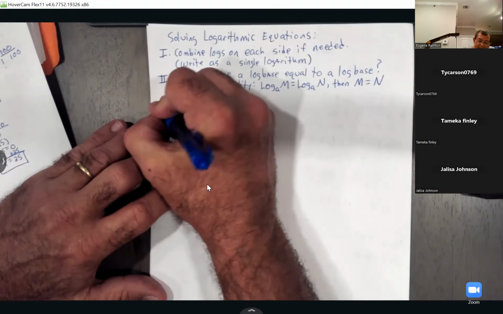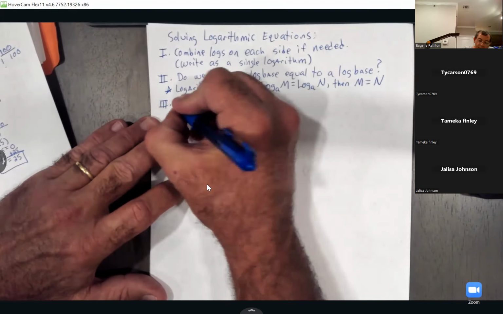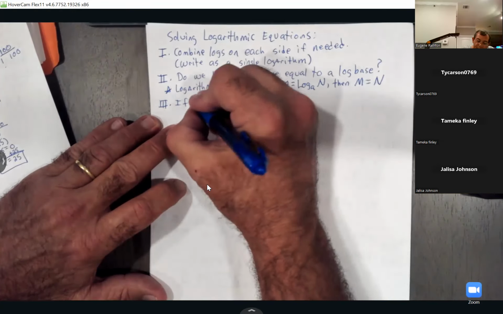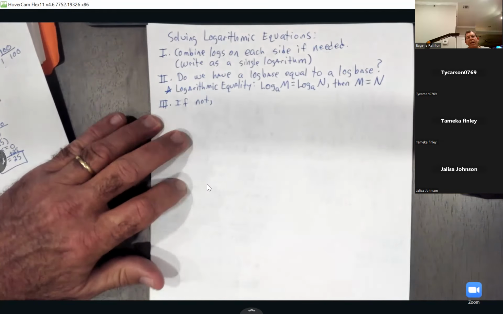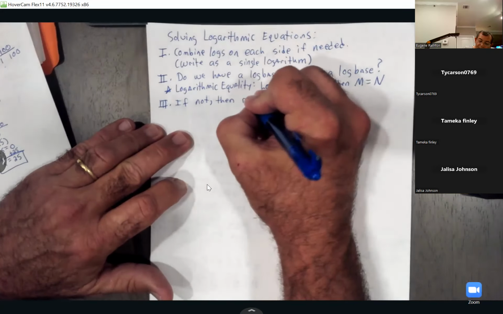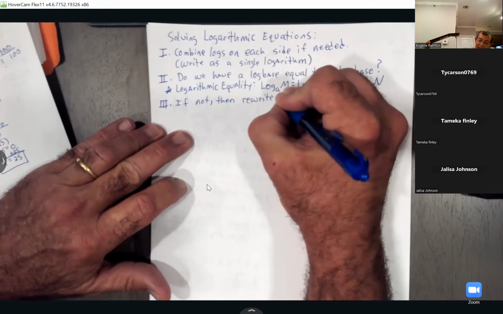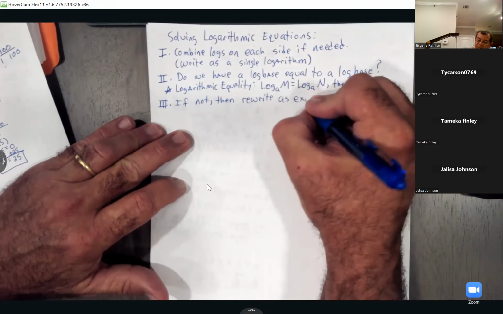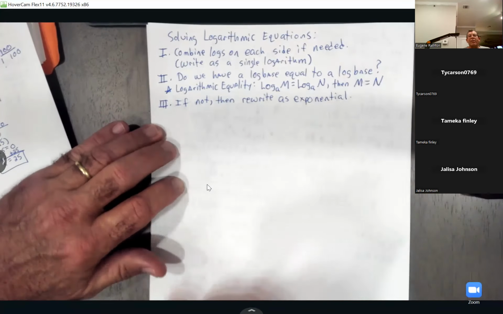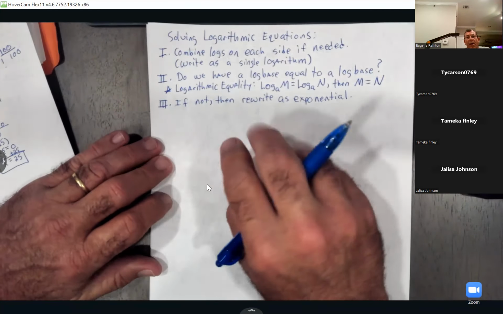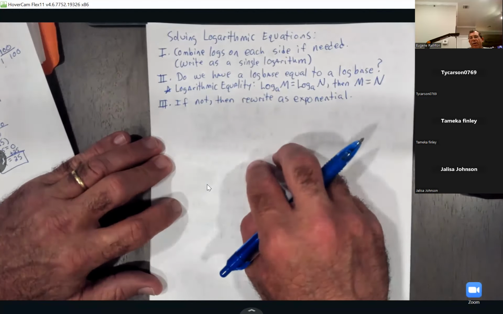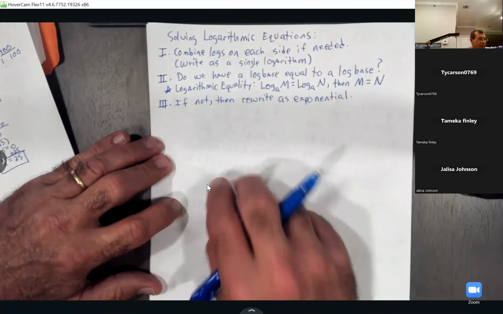If not, if we don't have that, then what we do, we're going to rewrite as exponential. So that's why we was having y'all do them, we're converting them from logs to exponential, and then you had to convert exponential into logs.